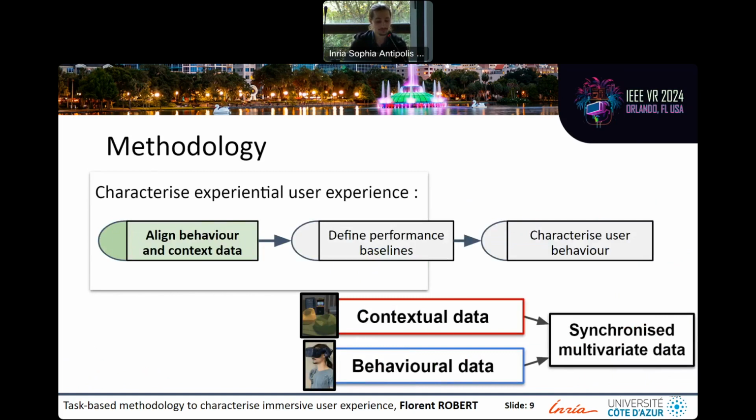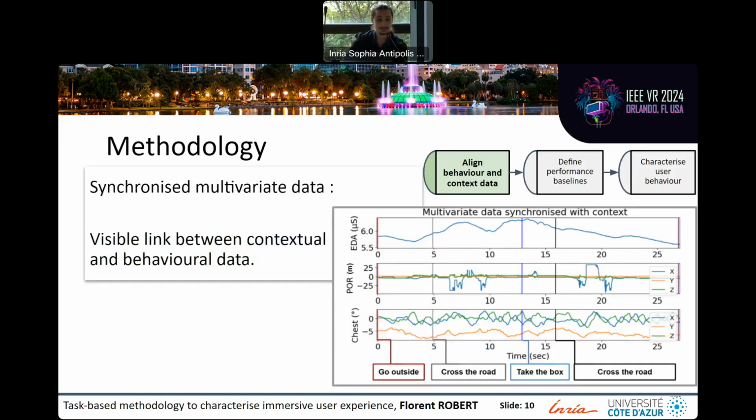The first step is to align the behavior and the contextual data in order to build synchronized multivariate data. It can be seen like this. The first 3 lines are raw behavior data. The first line is the EDA, the electrodermal activity, giving us a view of the emotional arousal of the user.